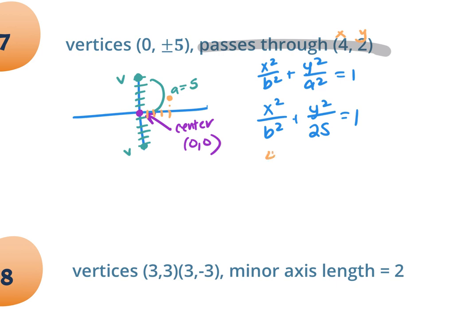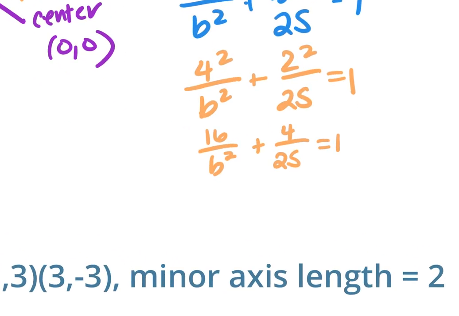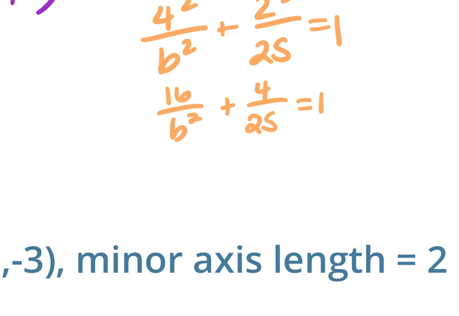So I'm going to get 4 squared over b squared plus 2 squared over 25 equals 1. So I plug that in as x and y. I would get 16 over b squared plus 4 over 25 equals 1. I'm going to subtract the 4 over 25.